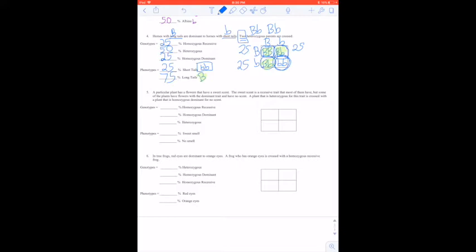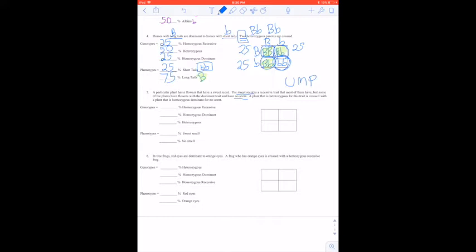So there's a lot of information there. Again, we want to pay attention to using that UMP strategy. Underline the two traits. So if I look back through this, I see sweet scent is one trait, and no scent, having no scent at all, is the other trait.